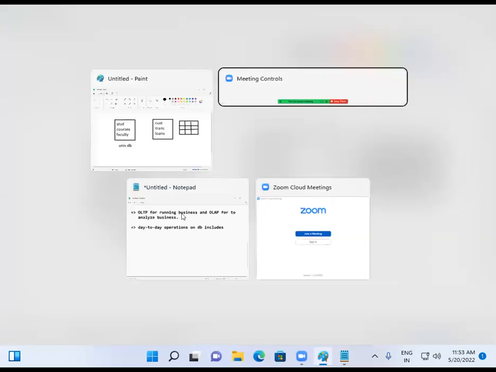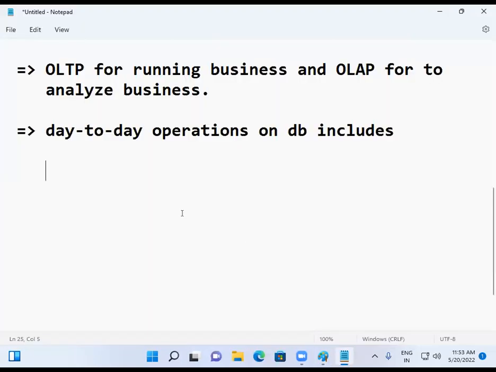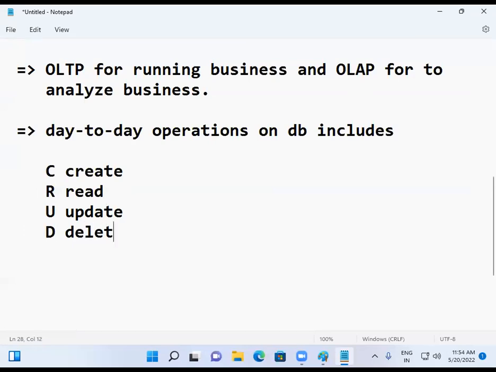What are they? CRUD. It stands for create, read, update, delete. Create the data, read the data, update the data, delete the data.